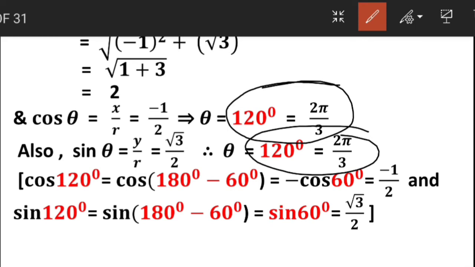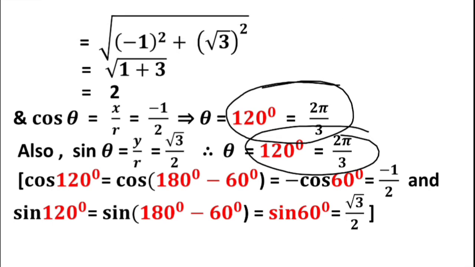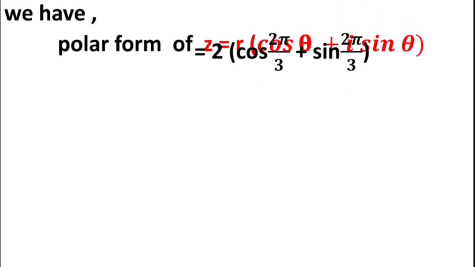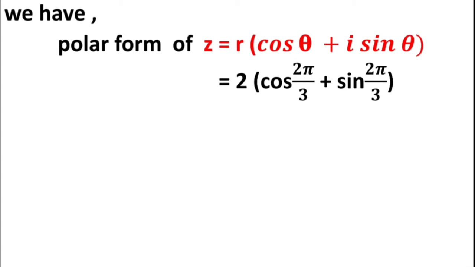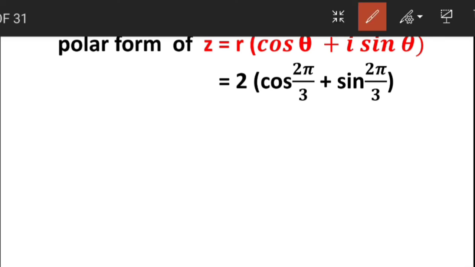So the polar form of the given complex number is r into bracket cos theta plus i times sin theta. What is r? 2. Then substitute theta also: 2 into bracket cos 2 pi by 3 plus i times sin 2 pi by 3. So this is the polar form of this given complex number.